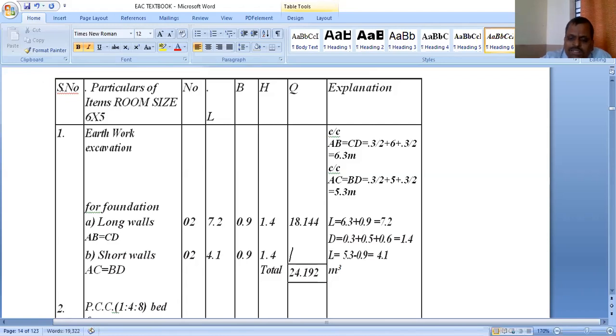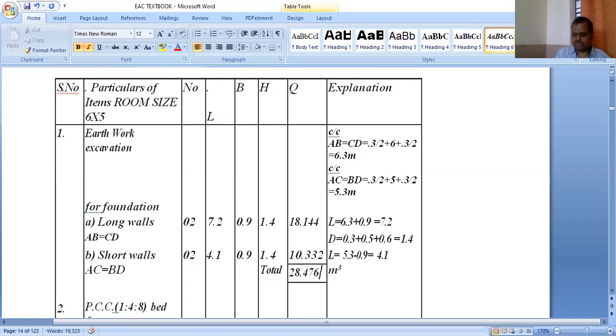It will be 10.332 cubic meter. And when we add this, how much will be the total excavation? 18.144 plus 10.332 will be 28.476.